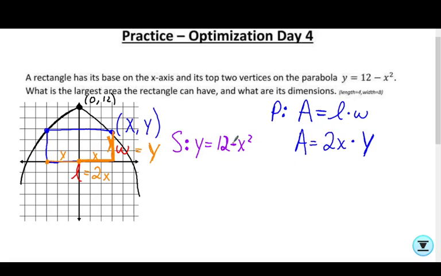In optimization, basically the steps are you find your primary equation, you find your secondary equation, your constraint. You use your secondary equation to plug into your primary to get it in terms of one variable. Then you're doing a first derivative test where you find the derivative, set it equal to 0, find your maximums or minimums, your critical points, and you check your endpoints.